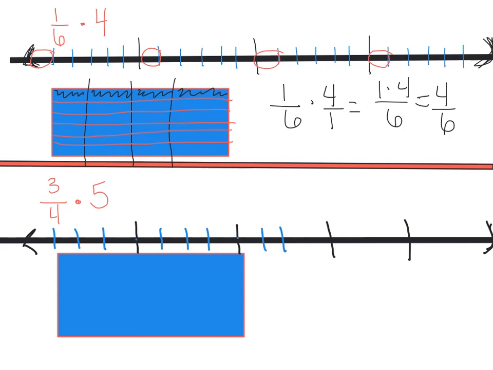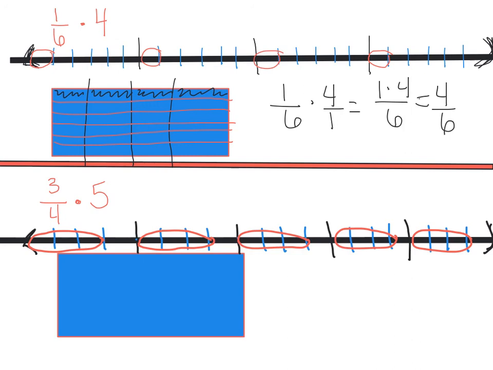And now each hole on the number line has 4 pieces in it for the 4ths. I circle 3 in each. There they are. And then I have 3, 6, 9, 12, 15 fourths.